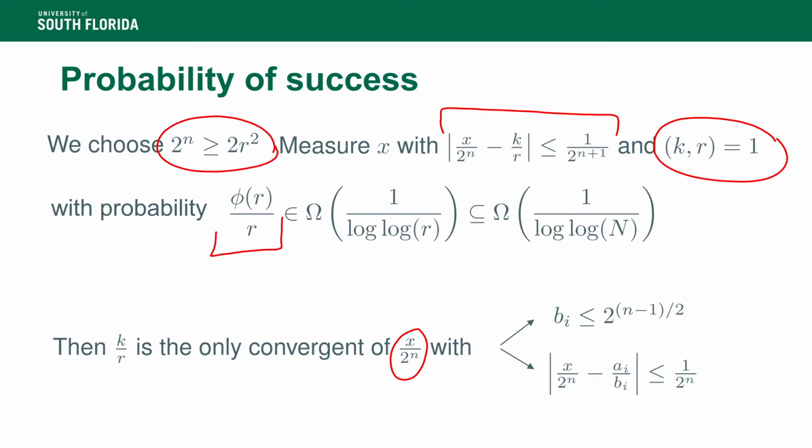So when we look at convergents of the form a_i over b_i, this is the convergent of this form that satisfies those two properties here. So you can even identify it in the list of convergents. And once you have it, then again, you hope that you were in the case where k is coprime with r, and you win.